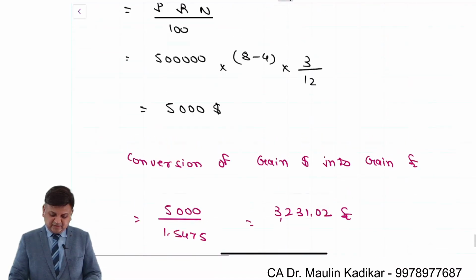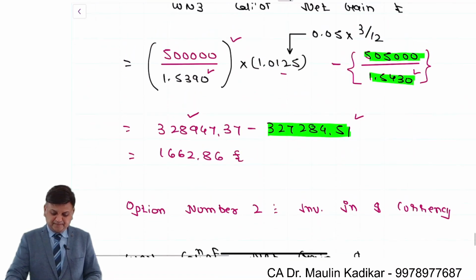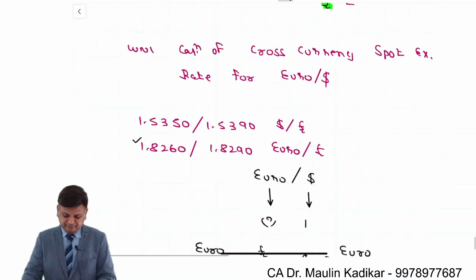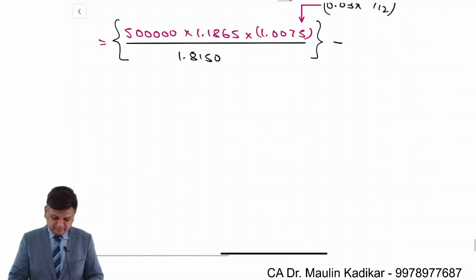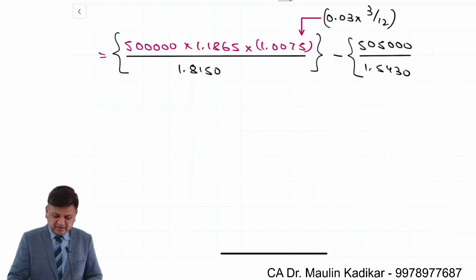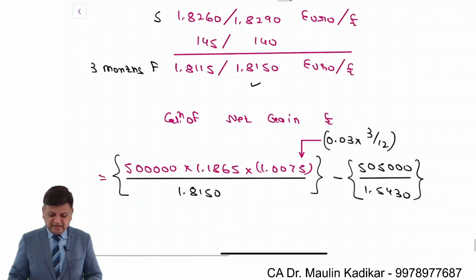This is what we have calculated here. 5,05,000 divided by 1.5430. This is the way we are required to compute the net gain in pound currency term.